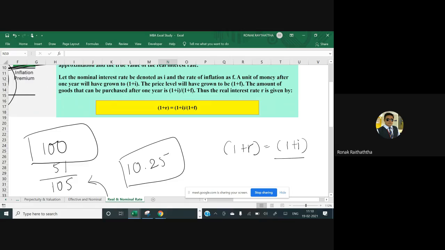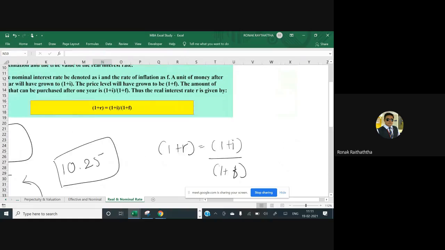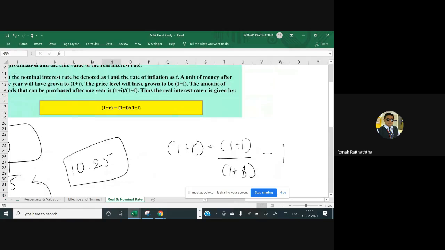When we do the differentiation, we divide it by 1 plus the inflation rate. Say the inflation rate is f. Whatever ratio you get, you reduce 1 from that ratio, and that is the real rate, not the approximate rate, the real rate.